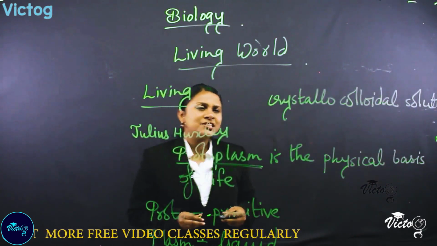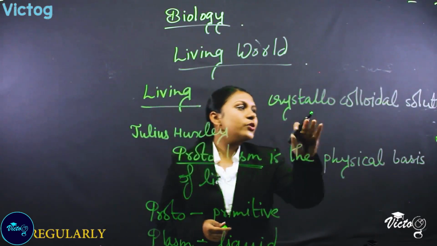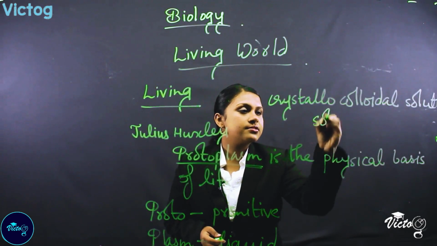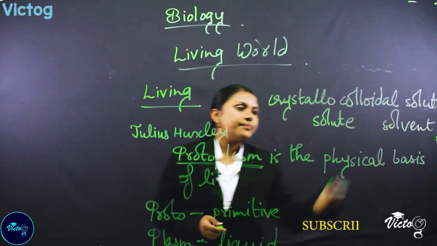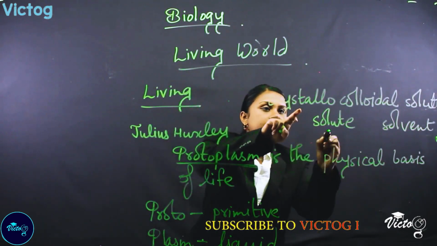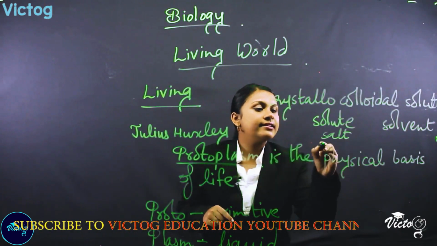You are familiar with chemistry too, so you know this term, crystallo. You know that in a solution there are two parts, solute and solvent. If the solute is a salt, then it is a crystal. If the solute is a protein, then it is a colloid.